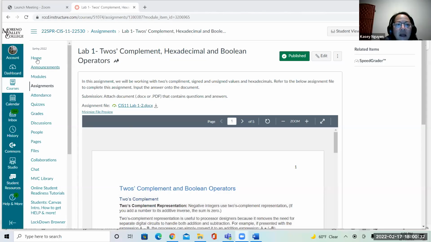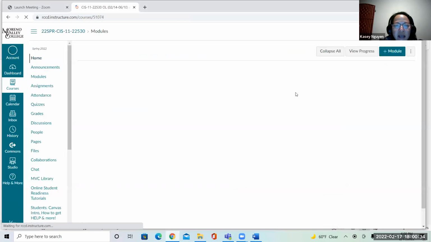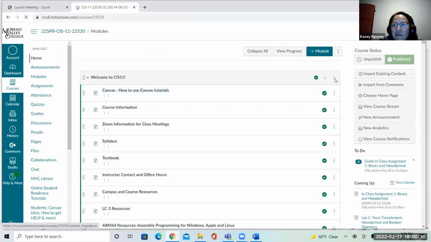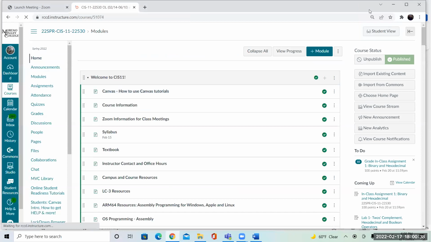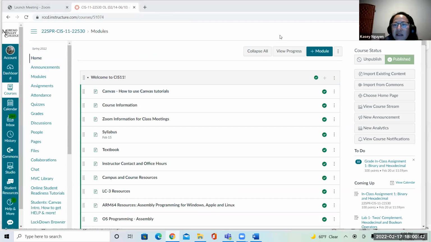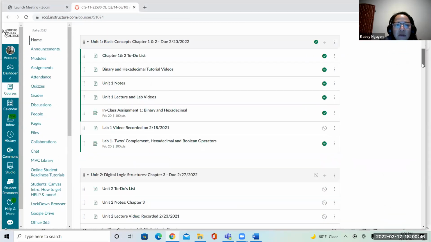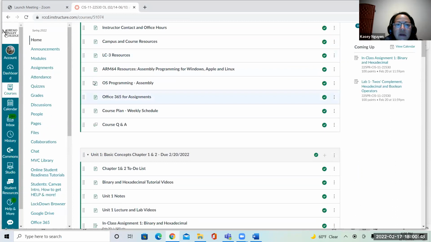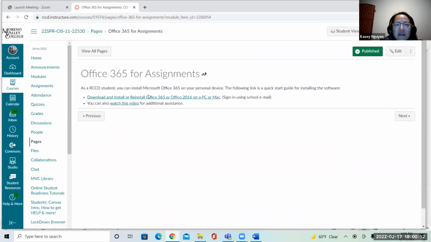So when you log on to Canvas, for those of you who don't have Microsoft Office on your system, especially if you're using a Mac, we are going to go to this page right here. You will find the link on how to get Office 365, which is free to you as a student.